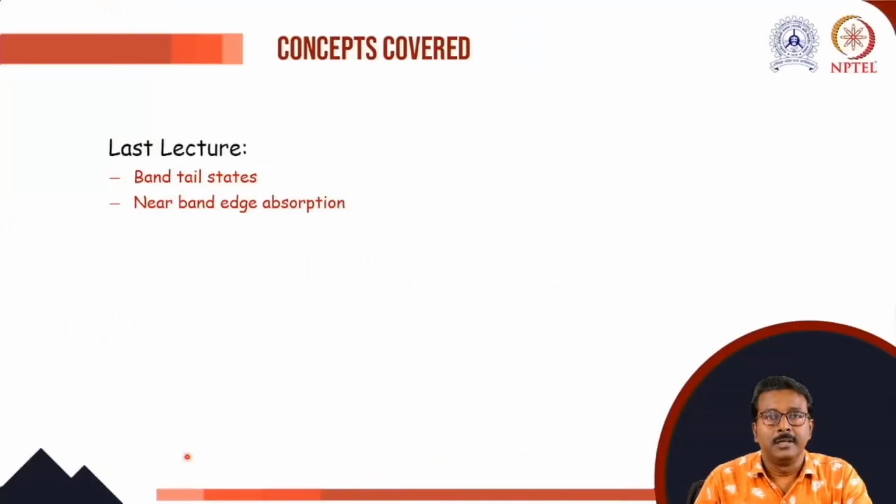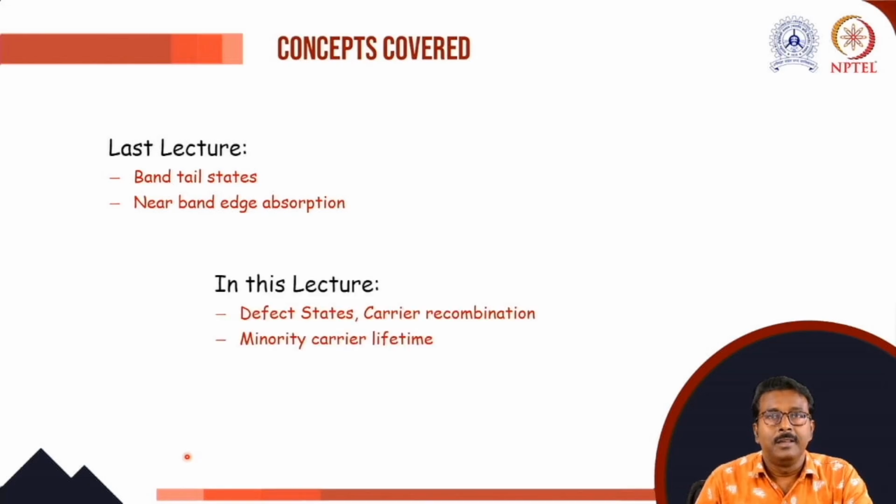In the last lecture, we discussed band tail states in a disordered amorphous semiconductor material and also the near band edge absorption, or absorption tail, in an amorphous semiconductor material. In this lecture, we will focus on defect states, carrier recombination, minority carrier lifetime, etc.